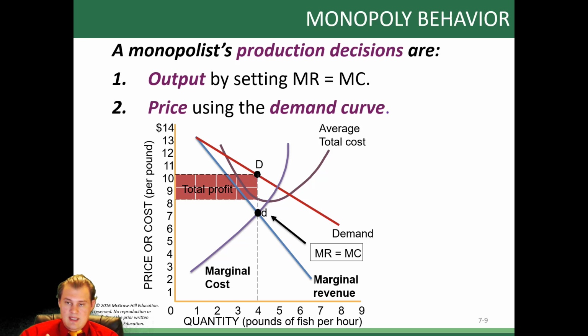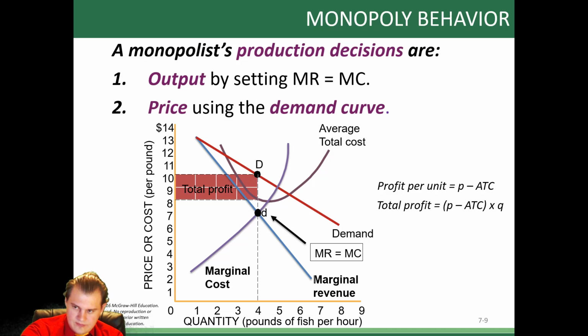So from D to average total cost, that purple line, the little shaded box is my total profit. It looks like it runs from 10 to 8, so that's $2 per unit, and with 4 units, that's $8 total. Profit equals price minus ATC. So where is the price? Price is at 10, it looks like.